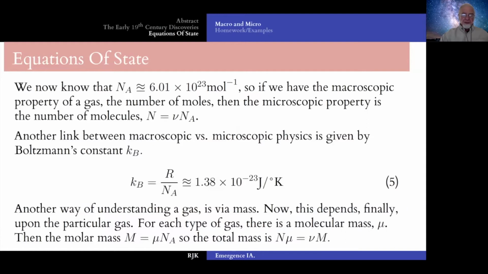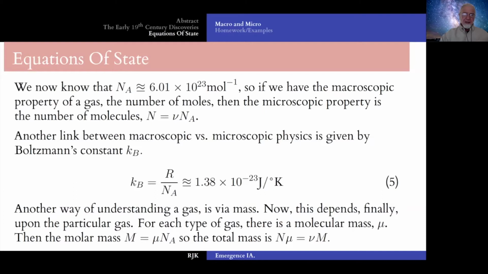Avogadro's number is about 6.01 times 10 to the 23rd per mole. So it's a huge number. That's a 6 with 23 zeros after it. And a billion has 9 zeros.